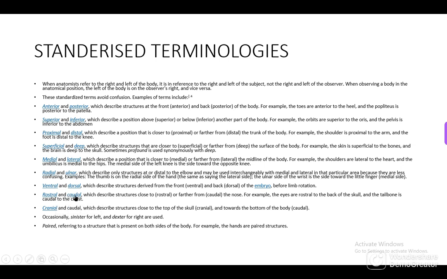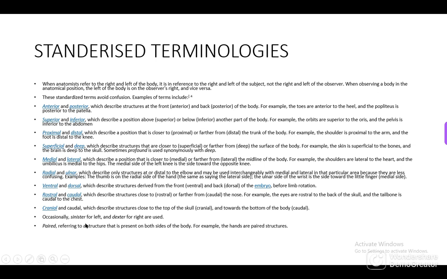Rostral and caudal are terminologies used in the central nervous system. Very near to the nose is rostral; away from the nose is caudal, for example. And here again are cranial and caudal: the cranial part means the upper part, and the caudal part, in relation to the cranium, is the lower part.